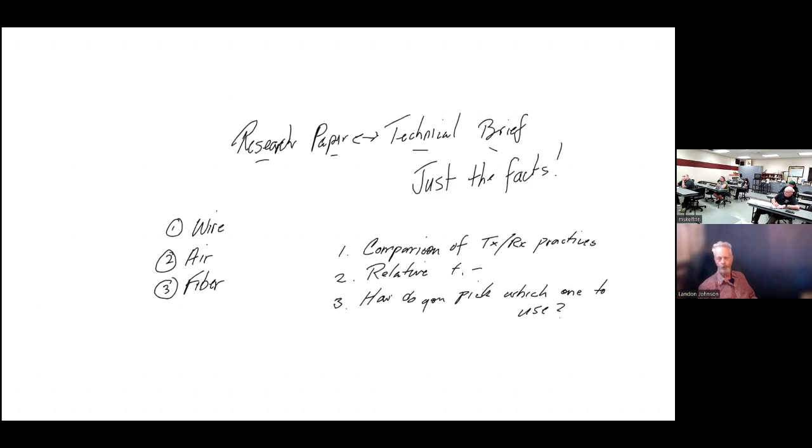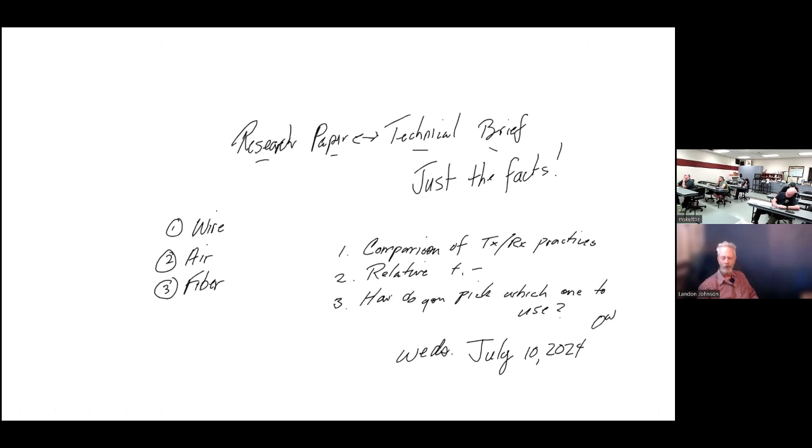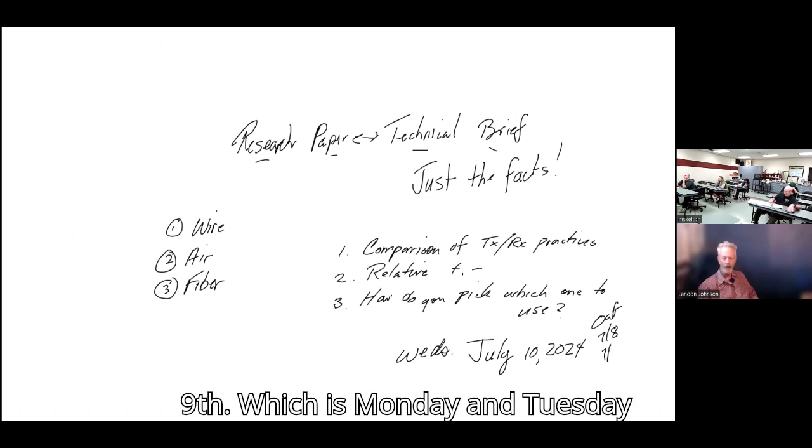Okay. When is it due? It is due on July 10th. That is a Wednesday. And just so you know, I will be out July 8th and July 9th, which is Monday and Tuesday of that week.